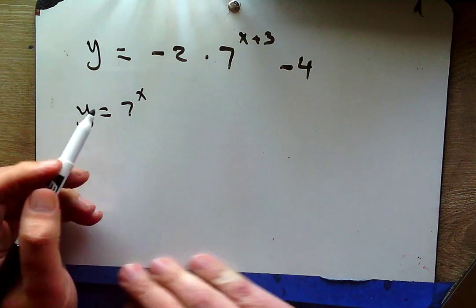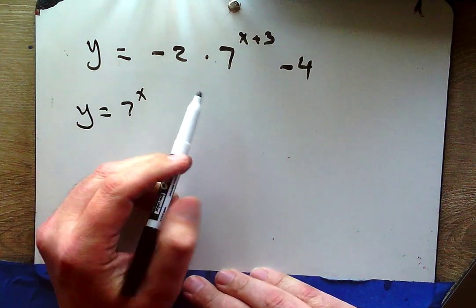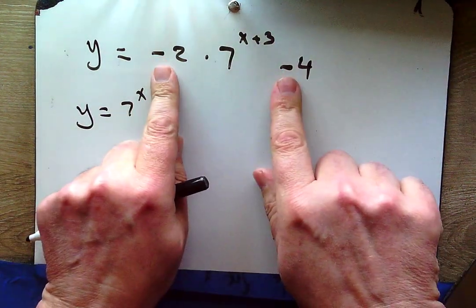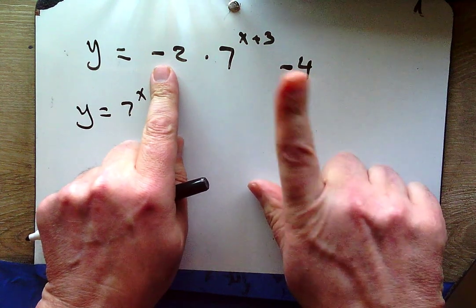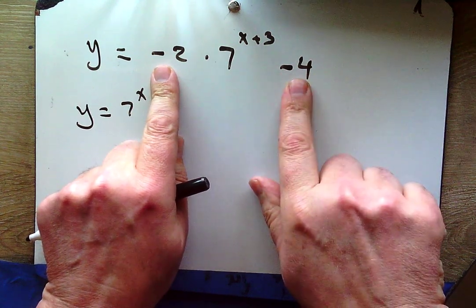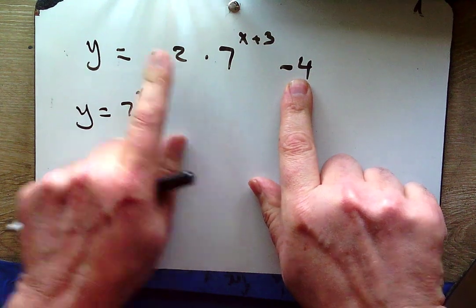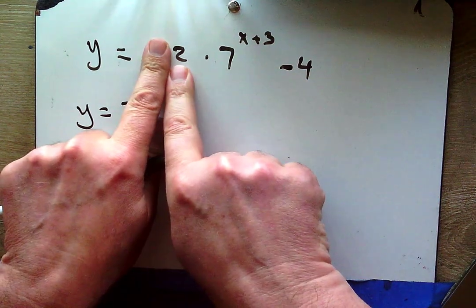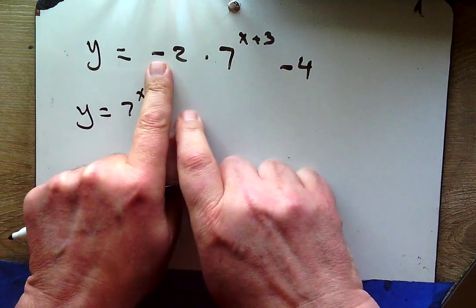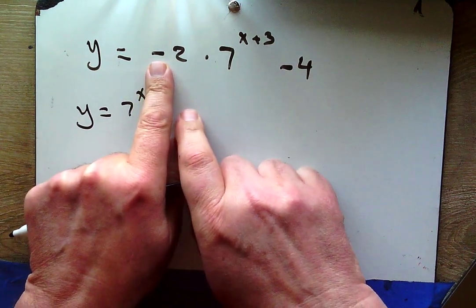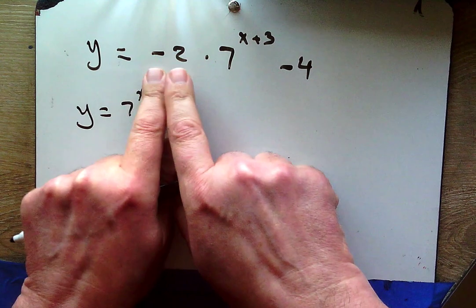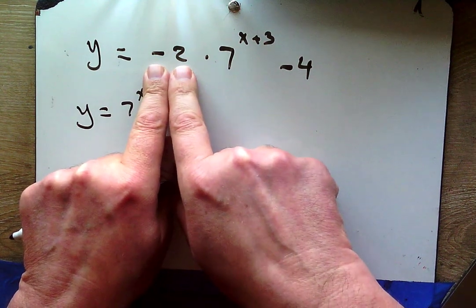Hey, welcome back. Did you say that we have 2 y transformations, one that shifts the function down 4 places, and what does this do? Well, the 2 is a vertical stretch, and the minus is a reflection across the x-axis. We're going to multiply all the y's by negative 2.